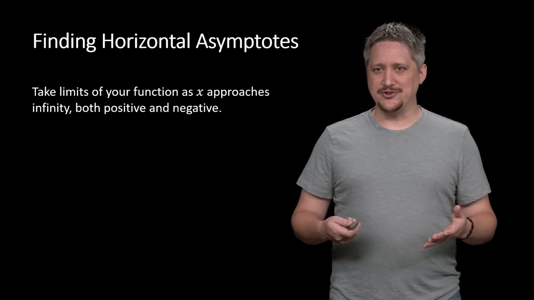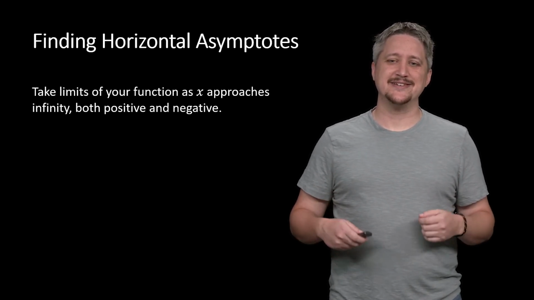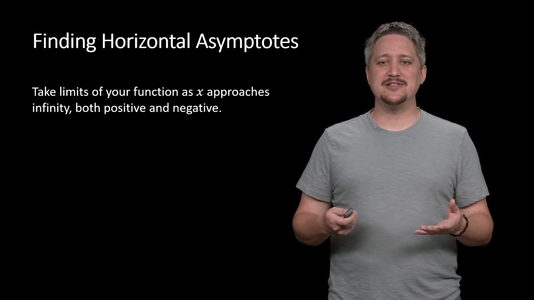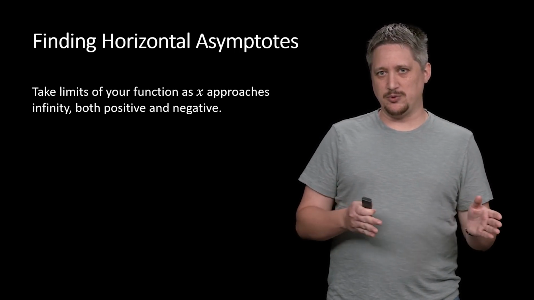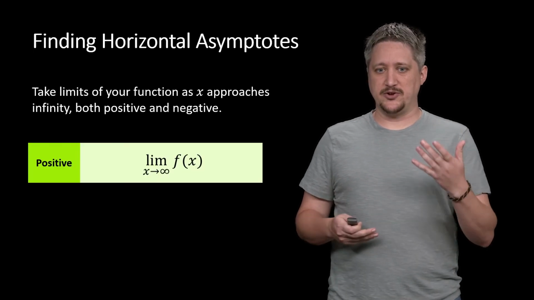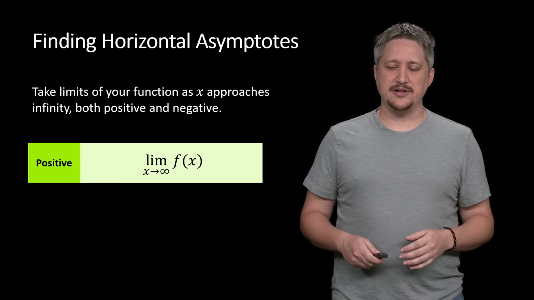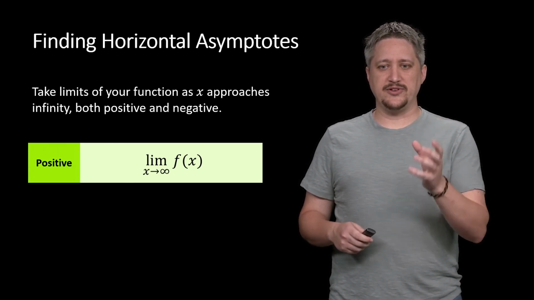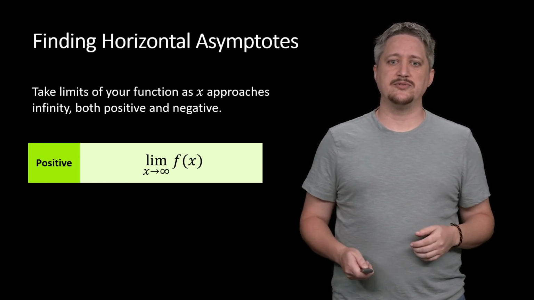So just to make an official recap of what I was just saying, when you're taking limits of your function as you're going to infinity, you want to look at both positive and negative infinity to find horizontal asymptotes. For positive infinity, we use this notation, if you remember from our limits at infinity section. This would be looking at the right-hand horizontal asymptotes.